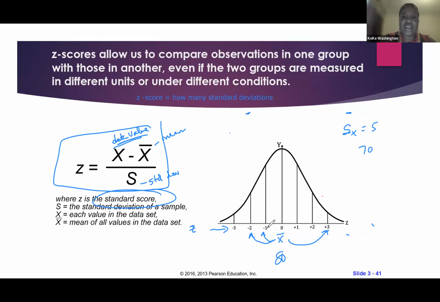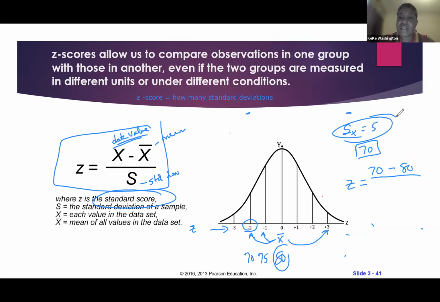So 1 standard deviation below the mean would mean to subtract 5, because my standard deviation is 5. 2 standard deviations would be at 70. So a person who scored a 70 on the test would be 2 standard deviations below the mean. And using the formula, you would take the score that you're trying to convert, subtract the mean, which I stated was the 80, and then divide by the standard deviation, which is the 5. So 70 minus 80 divided by 5 is -2.